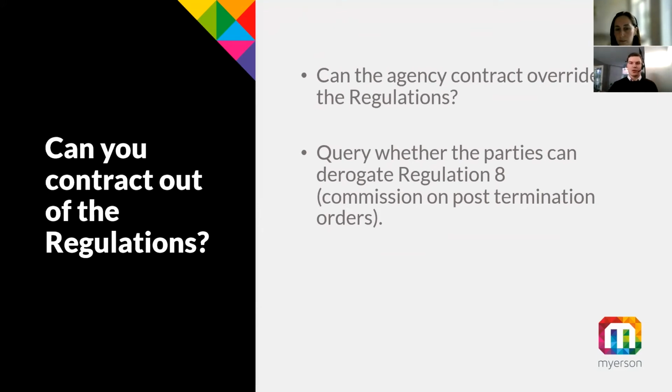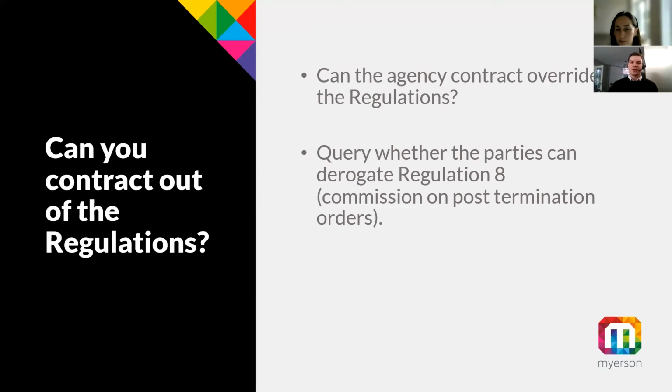The regulations also say that the parties can't agree to disapply post-termination compensation or indemnity payments, otherwise known as Regulation 17 payments, which Suzanne has mentioned earlier. Therefore, any contractual term which says that an agent is not entitled to these payments is null and void.